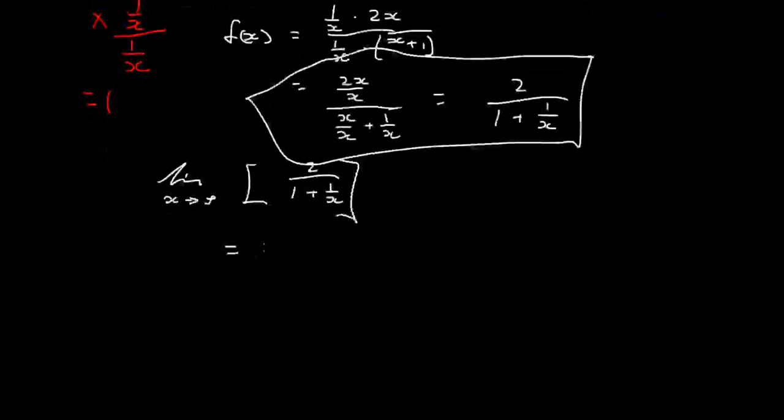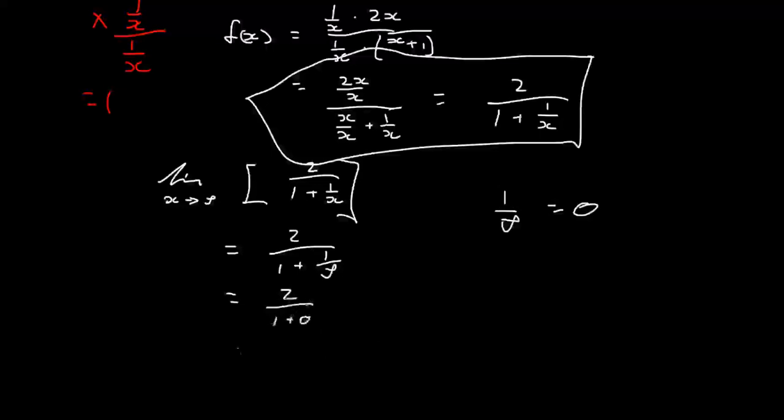So that is equal to 2 over 1 plus 1 over infinity. Okay? 1 over infinity is a constant over infinity, and we've said that's equal to 0. So it's 2 over 1 plus 0. So 2 over 1. So the limit is 2. And there's your final answer. You've evaluated the limit.